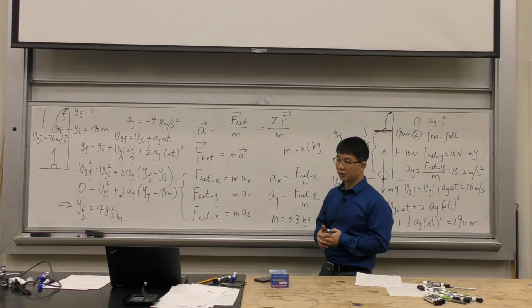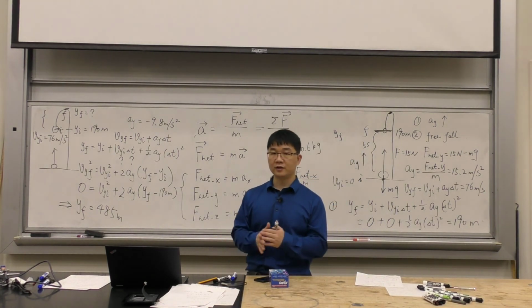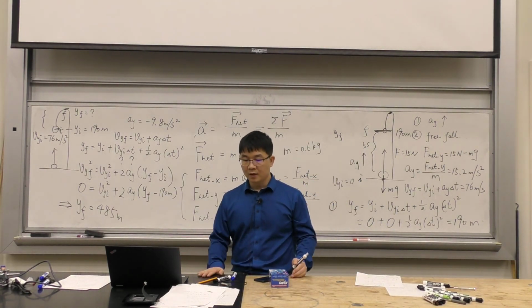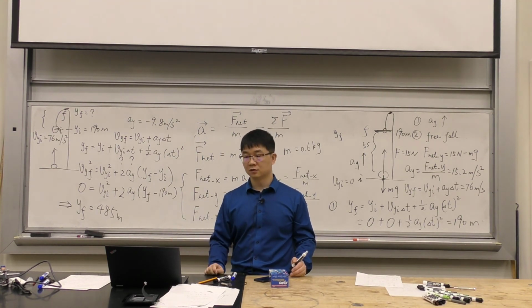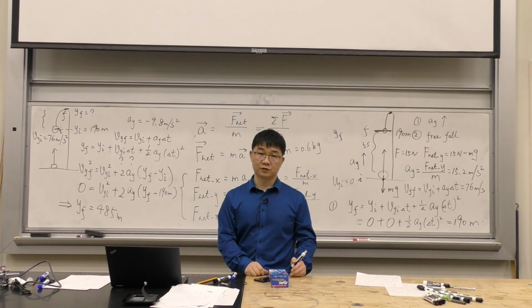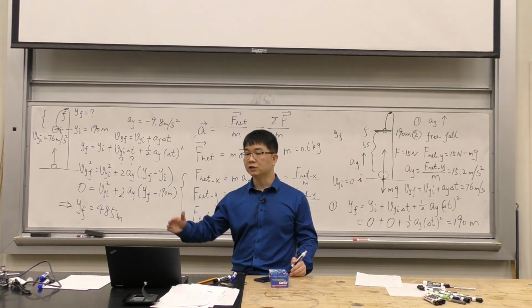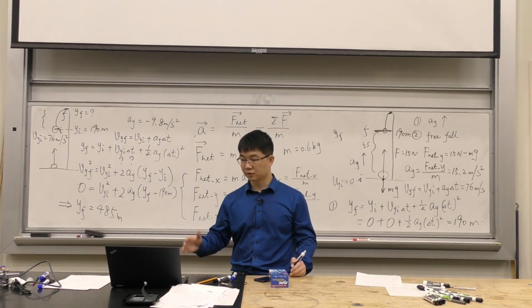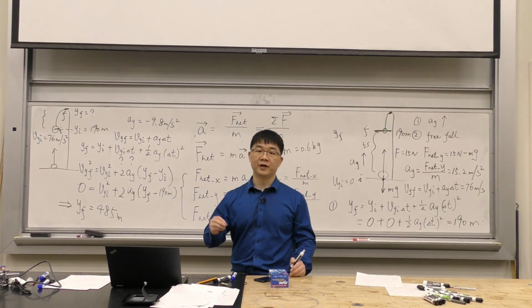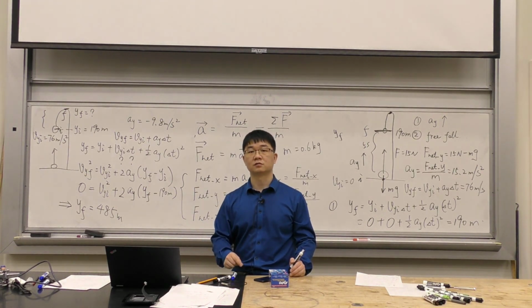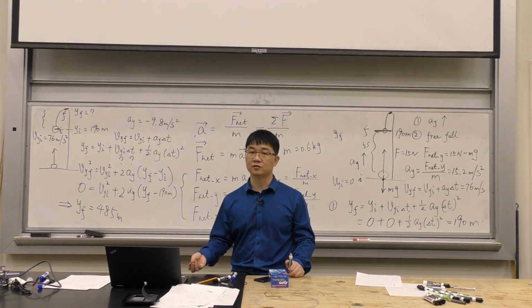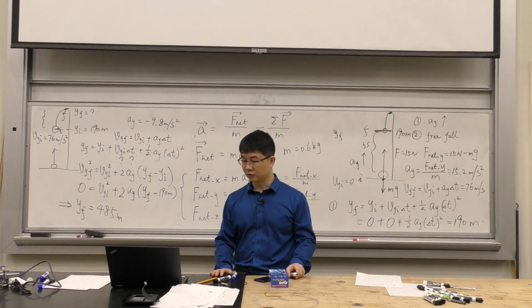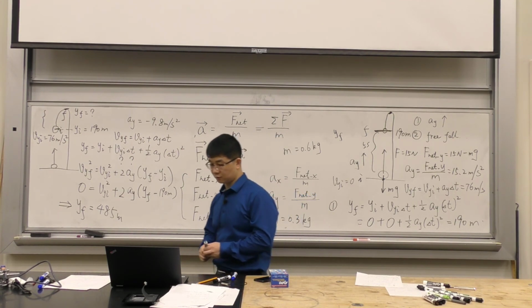Second thing we learned is that if there are different processes, you split them up, and the initial values of the second process are going to be the final values of the first process. If you need some initial values in the second process, you can try finding them in the first process, and then plug them into the second process as the initial values. So that's what we learned in this problem.